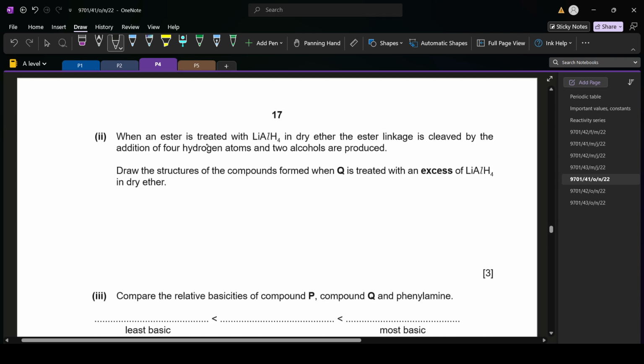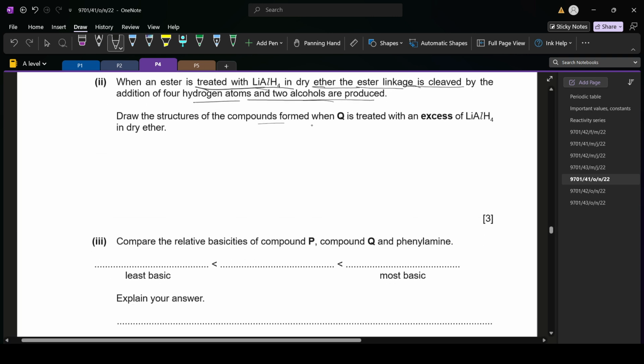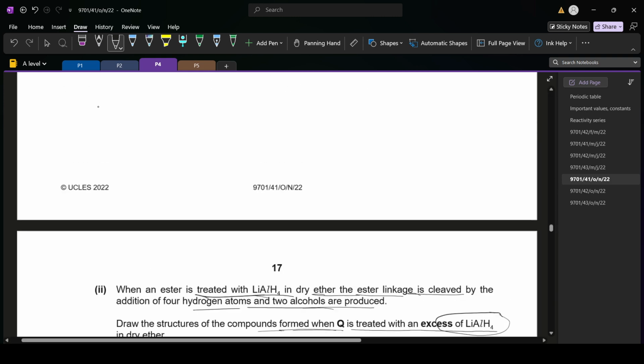Part 2. When an ester is treated with LiAlH4 in dry ether, the ester linkage is cleaved by the addition of 4 hydrogen atoms and 2 alcohols are produced. Draw the structure of the compound formed when Q is treated with an excess of LiAlH4 in dry ether.